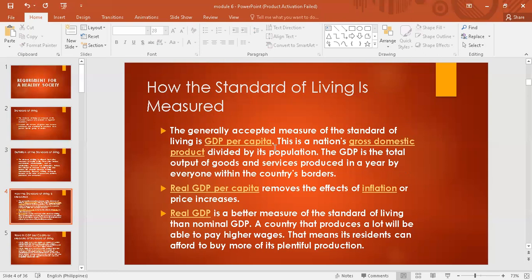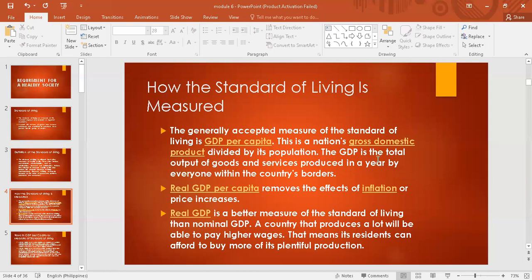Paano ba itong Gross Domestic Product? So dito, ang GDP kasi po is the output, the product and services being produced, okay, in a year, annual basis po ito, by everyone.